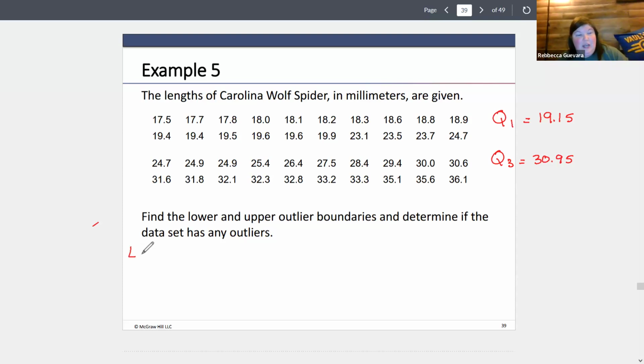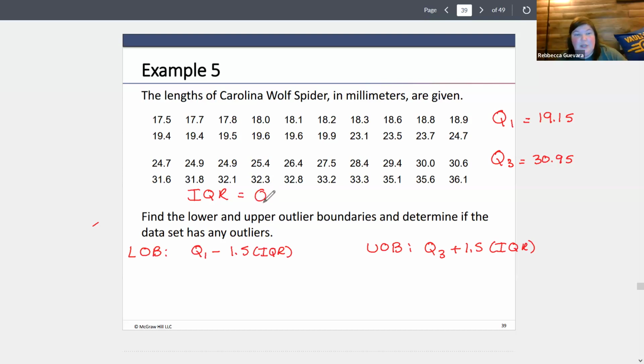If we look for my lower outlier boundary, it is going to be, like I said before, Q1 minus 1.5 times the interquartile range, and our upper outlier boundary is going to be Q3 plus 1.5 times my interquartile range.